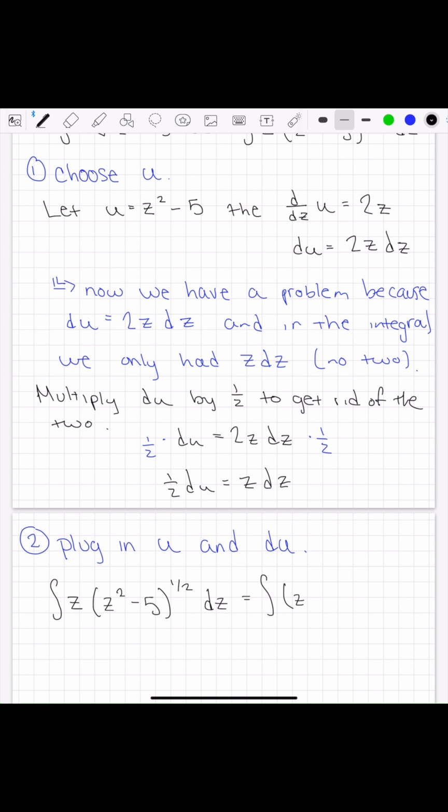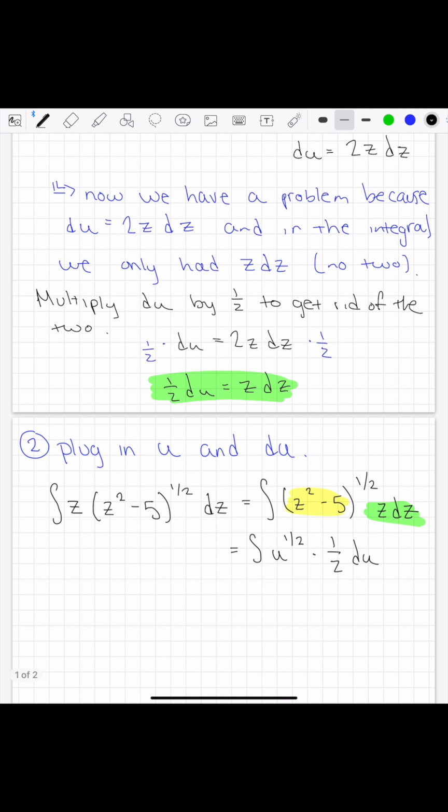We can move the z over, so we have the z dz all together. The z squared minus 5 is our u, and the z dz is our 1/2 du. So this becomes the integral of u to the 1/2 times 1/2 du.